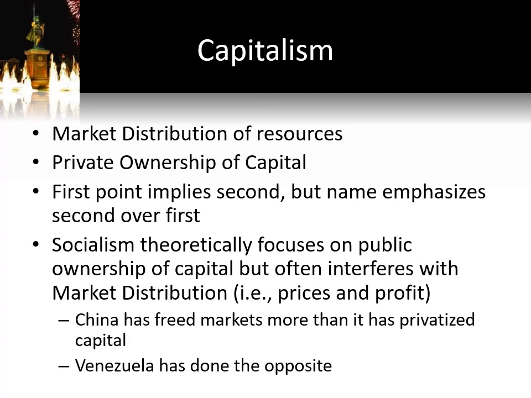One percenters, whatever name we're screaming from the barricades this week. And this is why I don't like using the term, because I think it's emphasizing a secondary point, burying the lead. The lead is market distribution of resources.